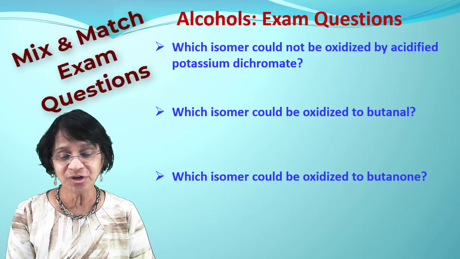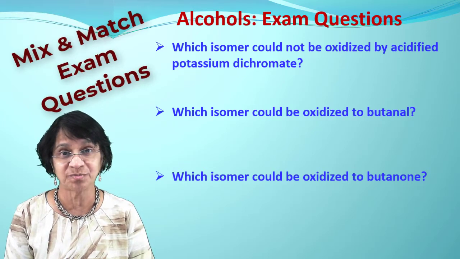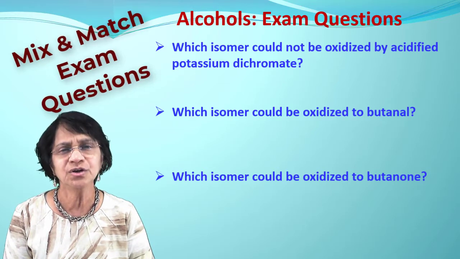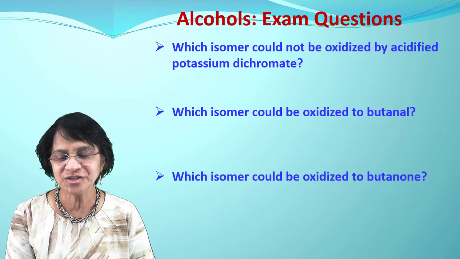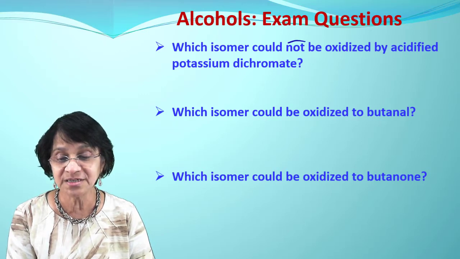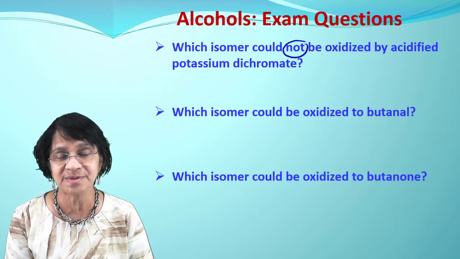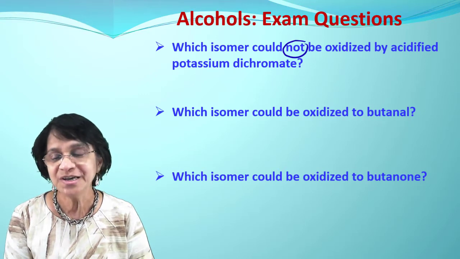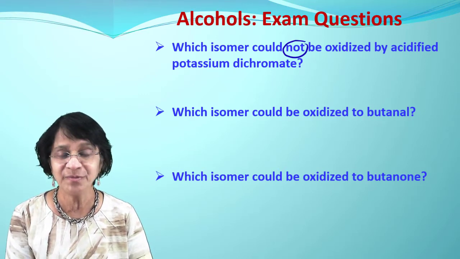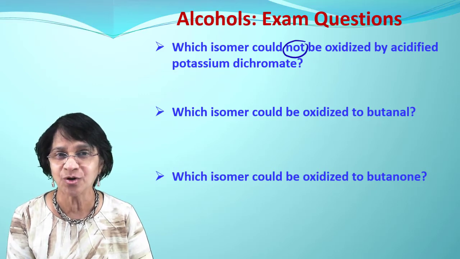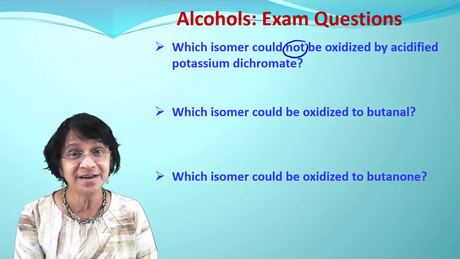If your exam question is a mix and match of questions like this, you should be able to answer all of those. First question: which isomers could not be oxidized? Always keep an eye out if it says could not be oxidized by acidified potassium dichromate. We only had one type of alcohol with no reaction.